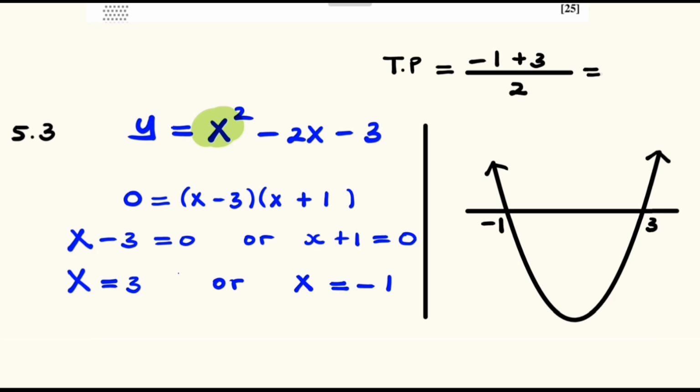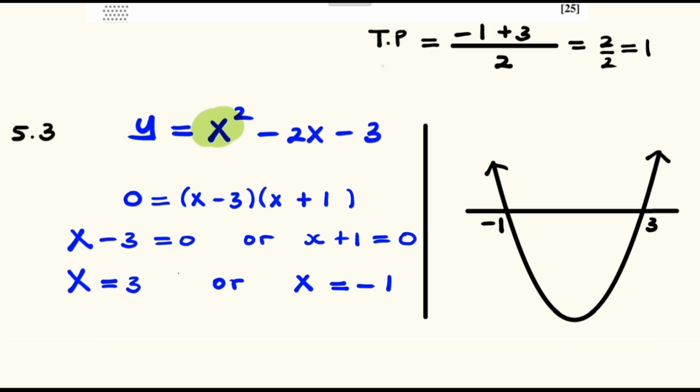Or you can use the other formula. So this will be equal to 2 divided by 2, which is equals to 1. And for the y part, we substitute the 1 where there is x. So we have 1 squared minus 2 multiplied by 1 minus 3, which will be equals to negative 4.